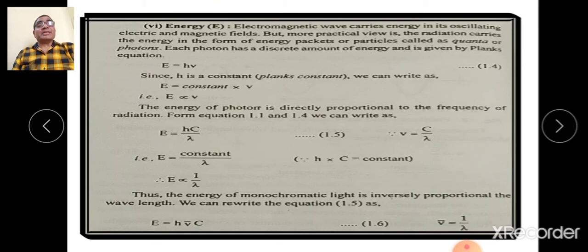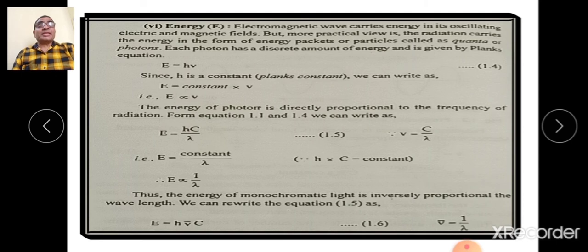The next parameter is energy. An electromagnetic wave carries energy in its oscillating electric and magnetic fields, which oscillate perpendicular to each other. But practically, the radiation carries energy in the form of energy packets or particles called quanta or photons. Each photon has a discrete amount of energy given by Planck's equation E equals h nu, where h is the Planck constant.